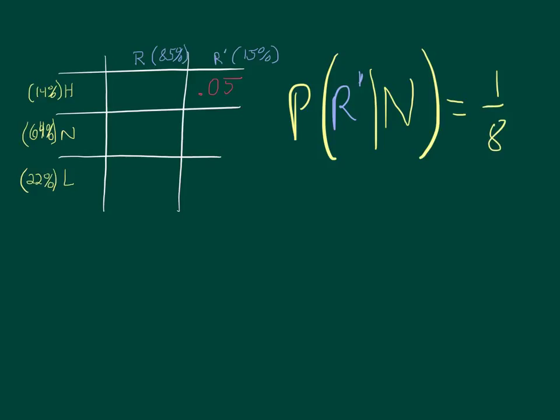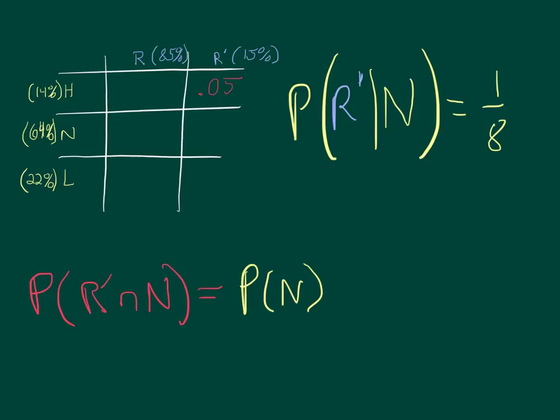Now, again, we can find our intersection, the probability that we have an irregular heartbeat and normal blood pressure, by using the product formula for our conditional probabilities. So we'd start out by taking the probability that we have normal blood pressure, and then we would multiply by the conditional probability given that we have normal blood pressure. And the event we're looking at here is, again, having an irregular heartbeat.